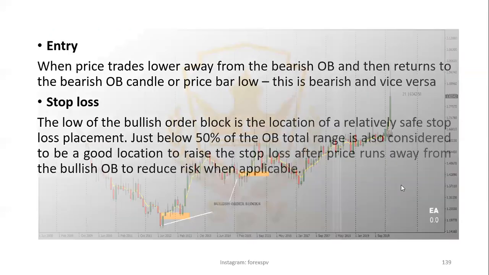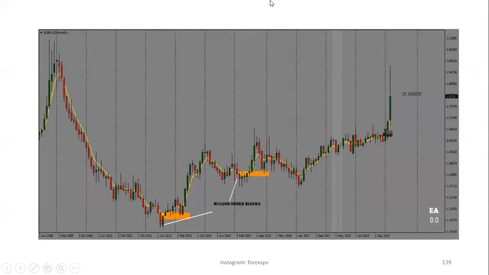So just go direct to the charts. We had a downtrend right here, and before the market reversed, we had this last red candle, which had the most body, and immediately after this candle, the market reversed.